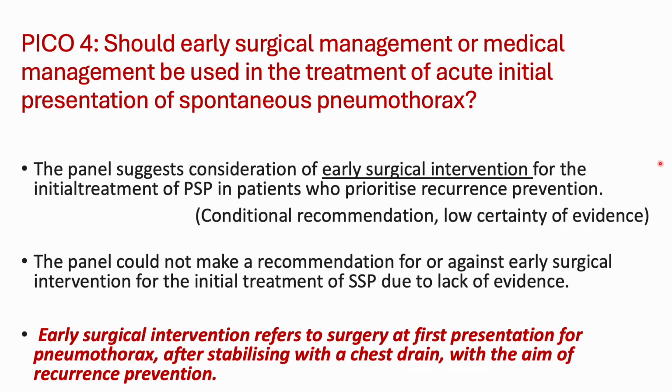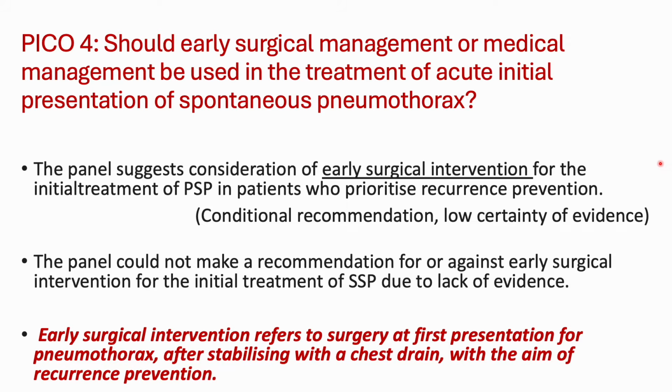measured in these studies. So implementation of early surgery will require very good collaboration between the emergency room, the respiratory doctor, and the thoracic surgeon, and if you look at low-income countries, it may not be feasible. So they did not give a clear-cut indication, but they said that if you do it, there will be lower recurrence rates compared to medical management.